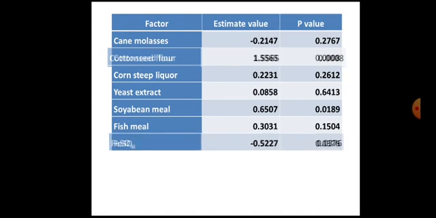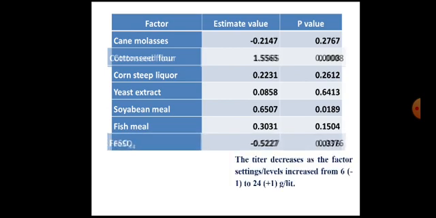This means that this factor is also significant, but not as significant as cottonseed flour, because the p value of cottonseed flour is much less compared to the p value of FeSO4, whereas the parameter estimate value of cottonseed flour is much higher compared to that of FeSO4.